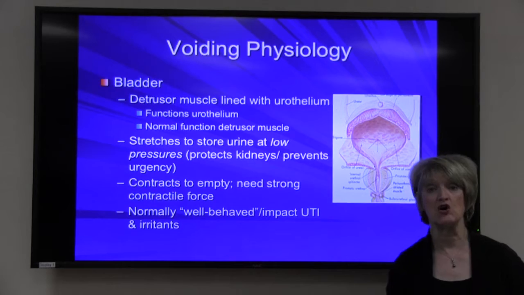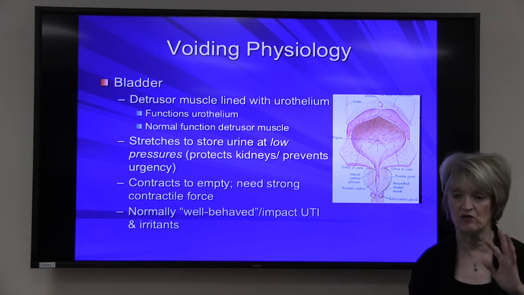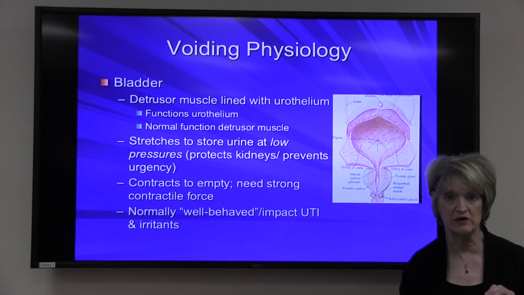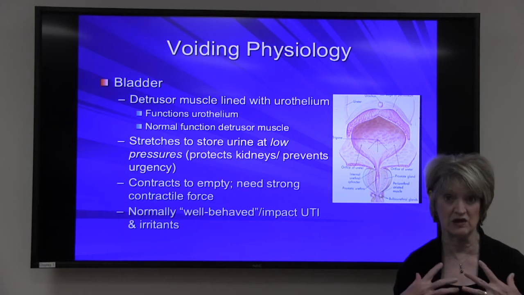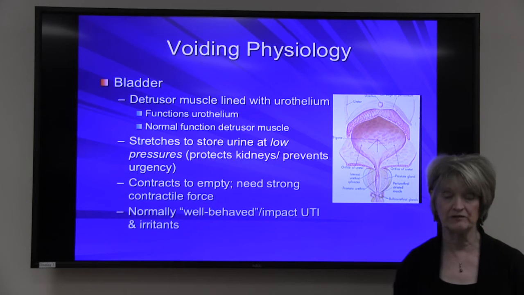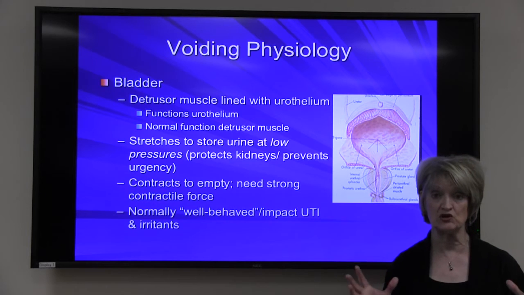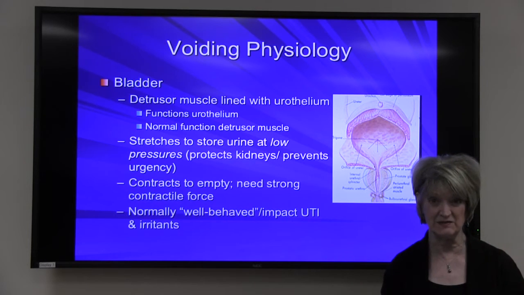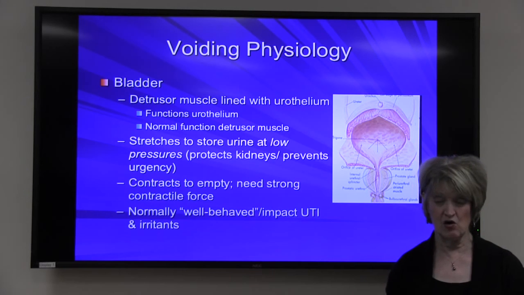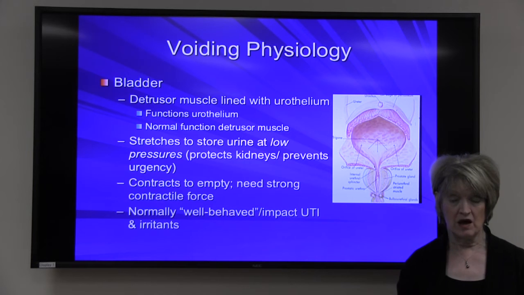That's sometimes known as bladder compliance, just so you know. Those of you who have worked a lot with ventilators are very familiar with the term compliance as it relates to the lungs. It means the same thing when it comes to the bladder. Now, the second thing we need the bladder to be able to do is contract effectively to empty. So let's say you have 500 cc's in your bladder, or maybe 600, and you finally get to the bathroom. How much of that do you want to void?